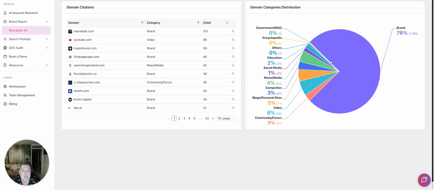And you can see here, in regards to those 9 search queries or prompts, 70% of them, the citations were from brands like our company Neuraladx Ltd, and the remaining percentage was coming from, say, news media, social media, blog posts and community forums, etc. So this lets you see where the AI generative engine platforms are actually choosing to select the citations from. So that's another helpful resource there.